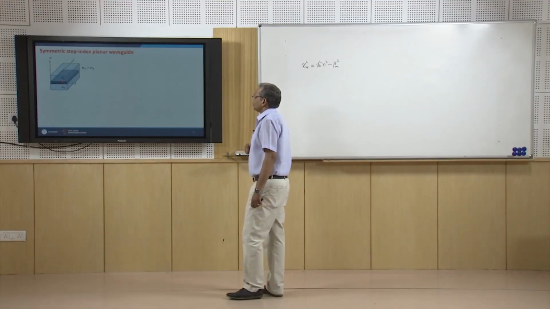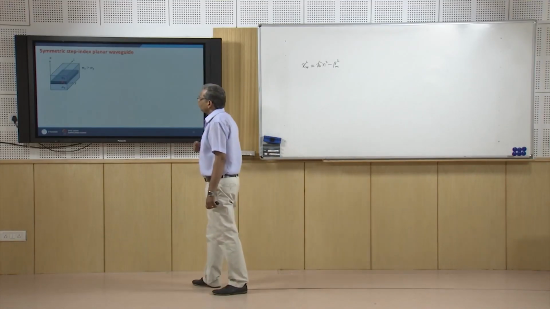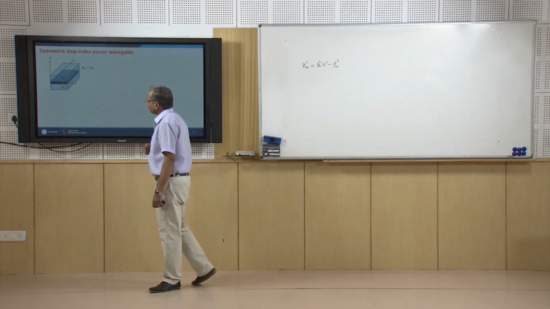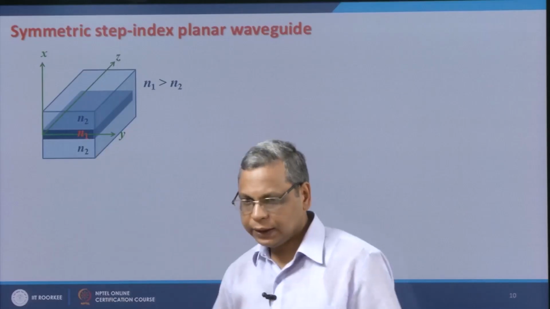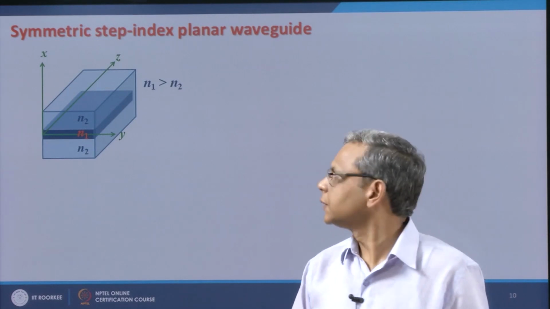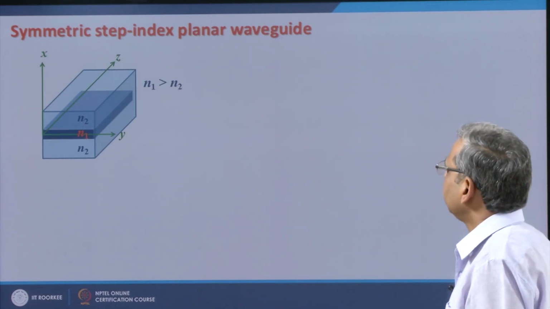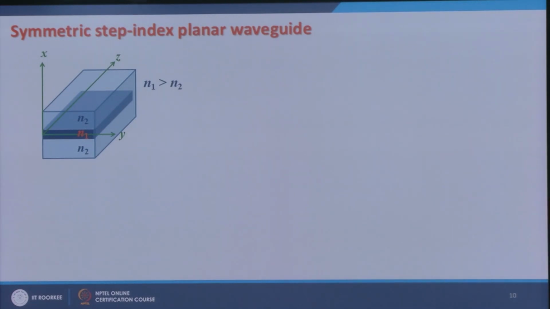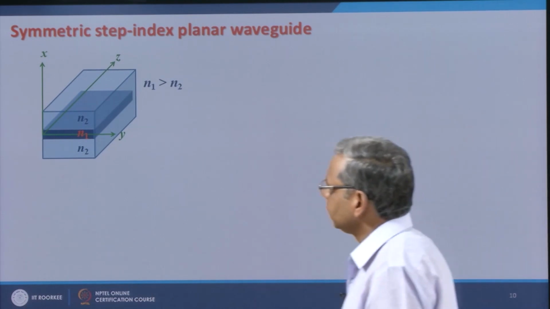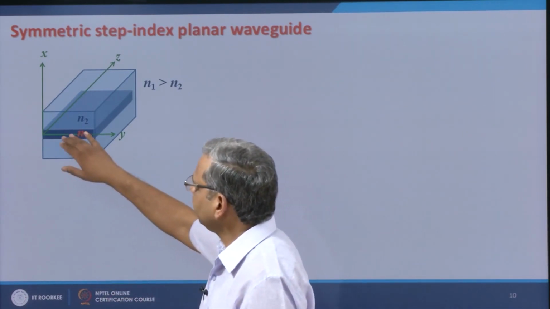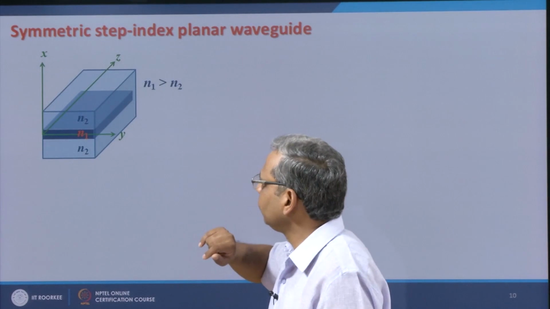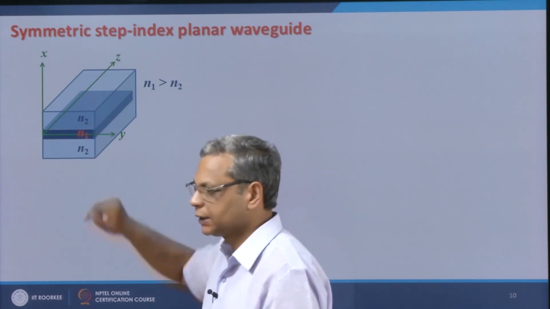Okay, so now what we are going to do is look at a more practical waveguide, which is a symmetric step index planar waveguide, a planar dielectric waveguide, which is obtained by sandwiching a high index slab between two lower refractive index slabs.